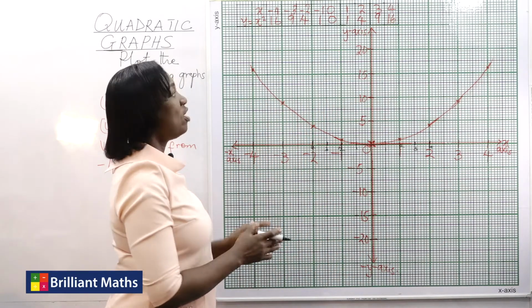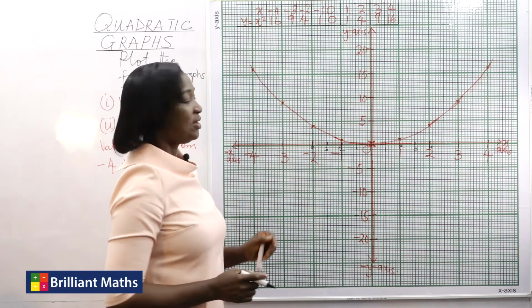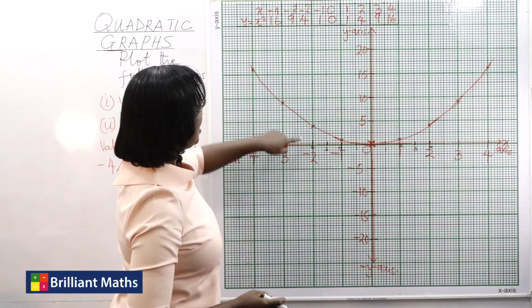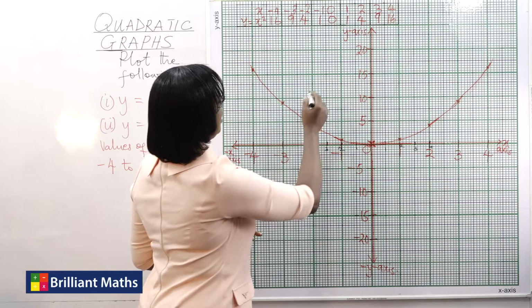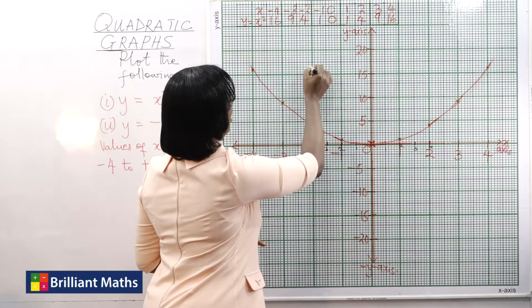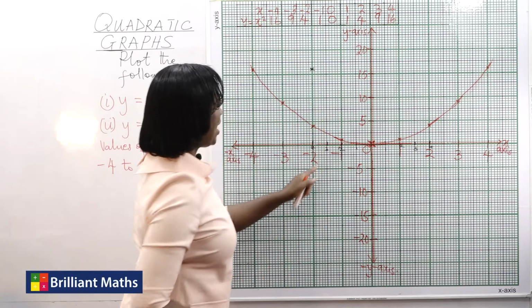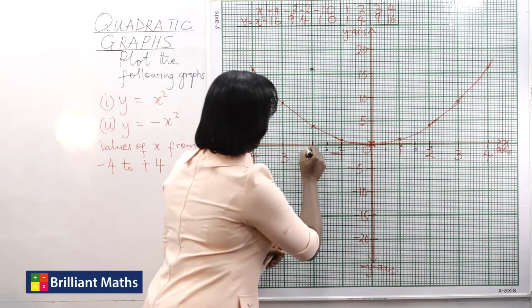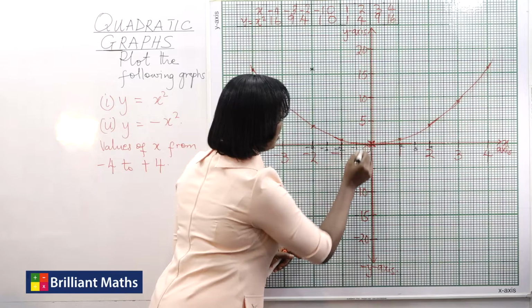I want to draw the same parabola. So when x is 4, y is 16. So it will be here. When x is minus 4, minus 3, minus 2, minus 1.